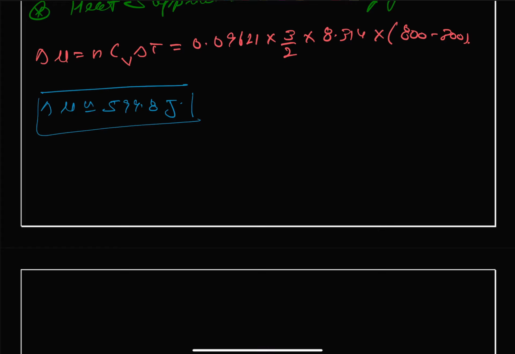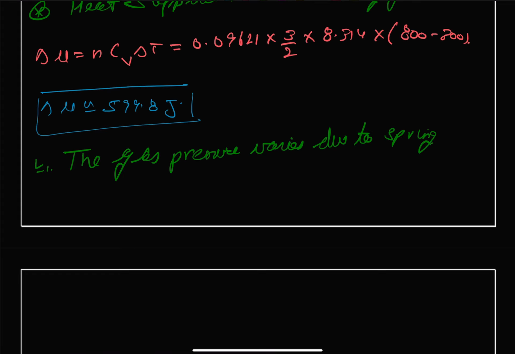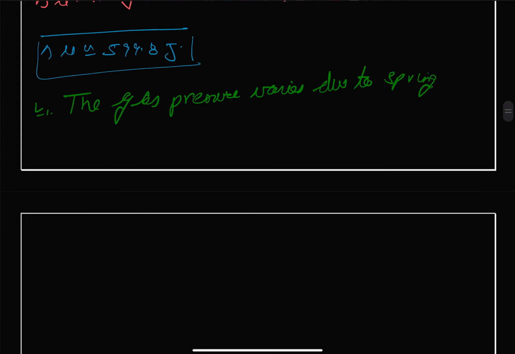So the gas pressure varies due to spring. And we can write that the external force will be equal to P_A multiplied by A and K times X.